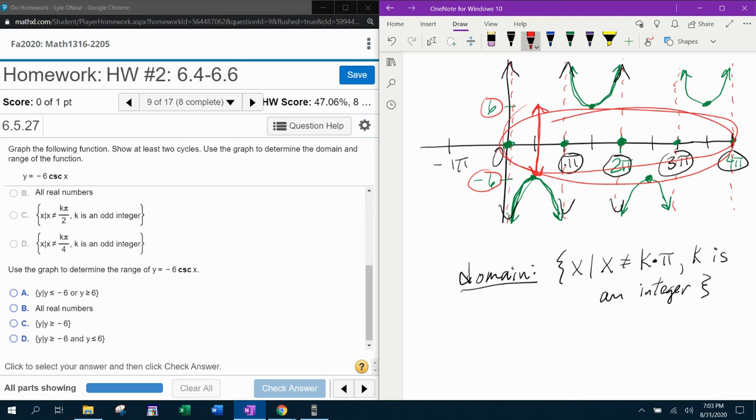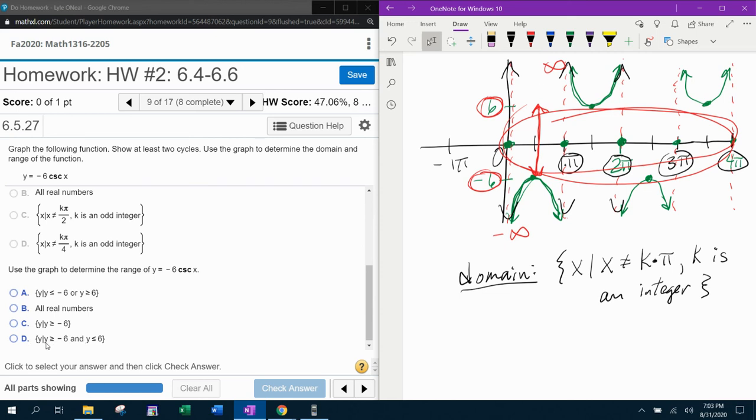So the graph is going to exist from -infinity up to -6, and then it's going to pick up at +6 and keep going to infinity. So we need an answer choice that says anything below -6 or above +6. Okay, so that's definitely not all real numbers.